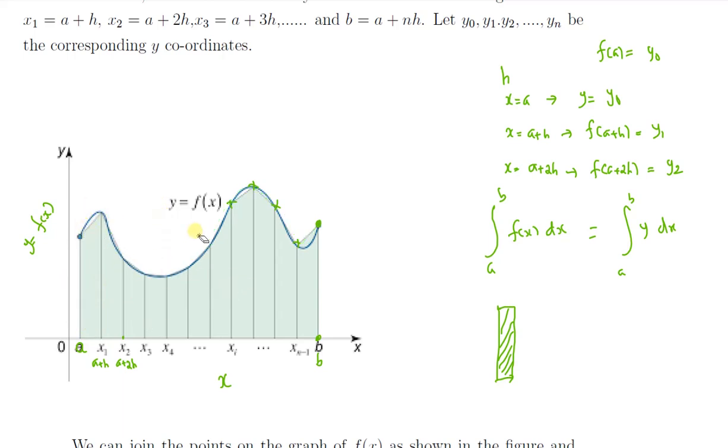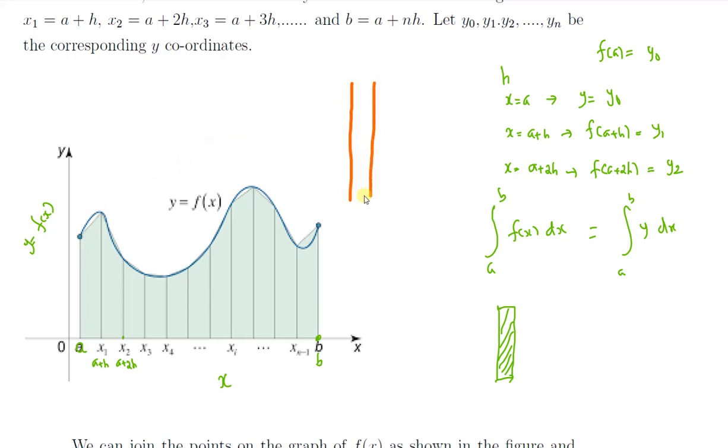We divide this area into a large number of trapeziums like this. Small. At x is equal to a, the value is here. At x is equal to a plus h, the value is here. So you draw a line like this. What is the shape of this? The line is almost like this.